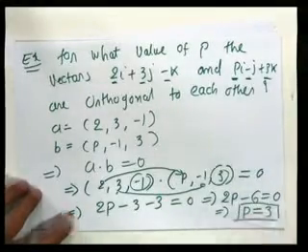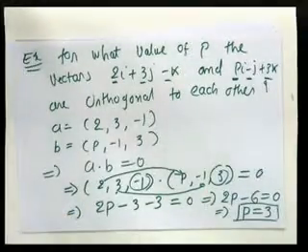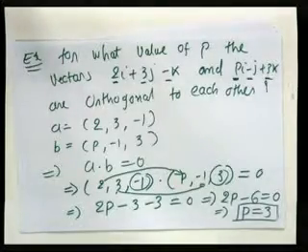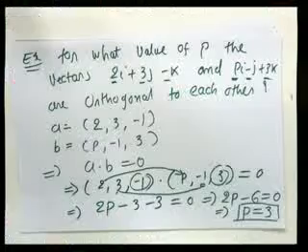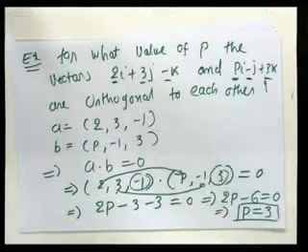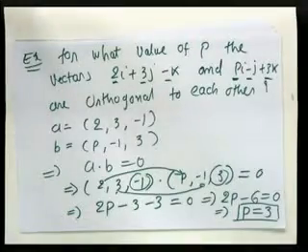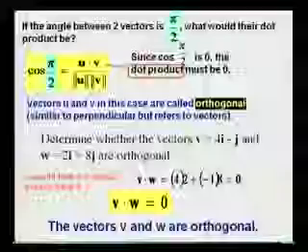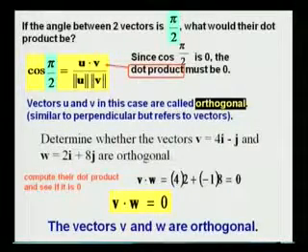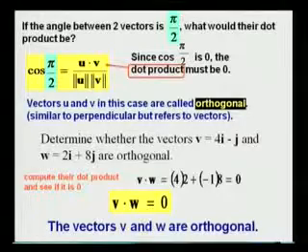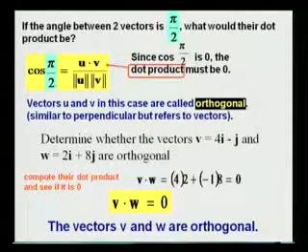So using this property that if two vectors are orthogonal to each other, then their dot product must be equal to 0, we can find the value of p. This is a very important method, related to which there are mostly examples asked in GTU exams.